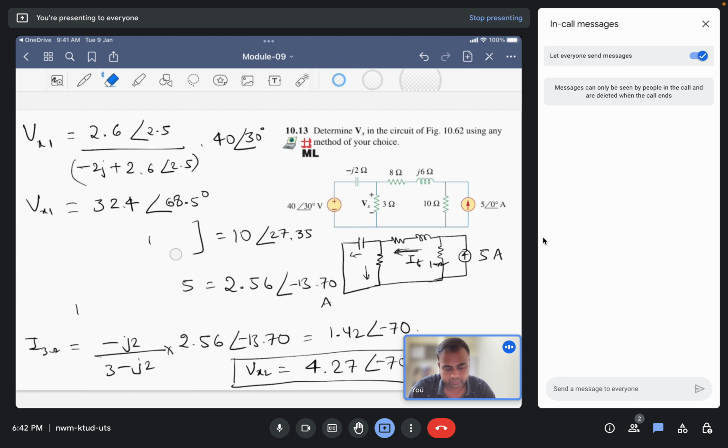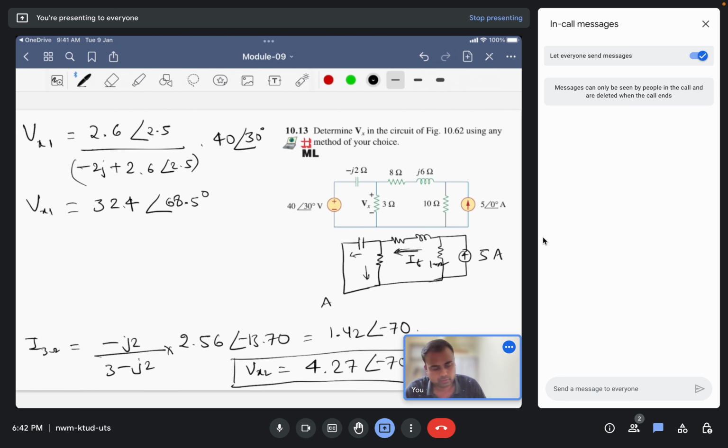So simply adding Vx1 and Vx2, we can get the voltage. Vx is equal to Vx1 plus Vx2, that is 32.4 angle 68.5 plus 4.27 angle minus 70.